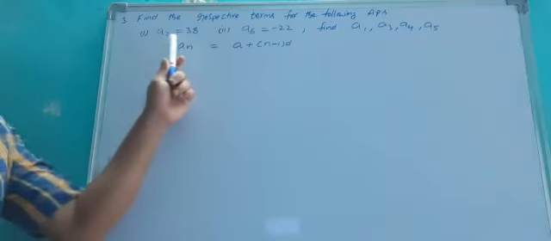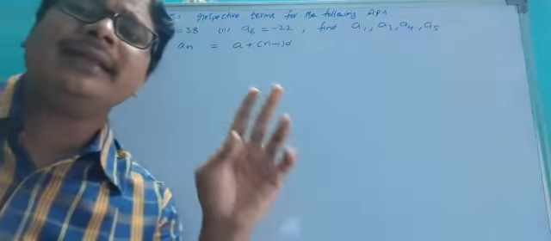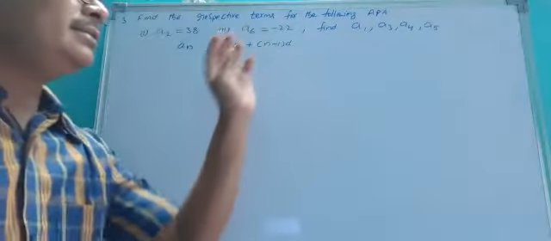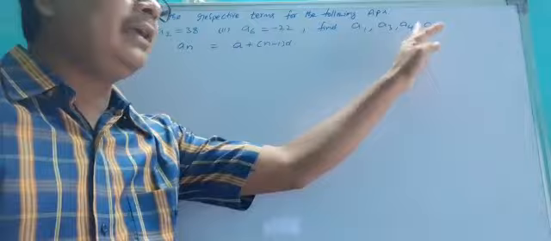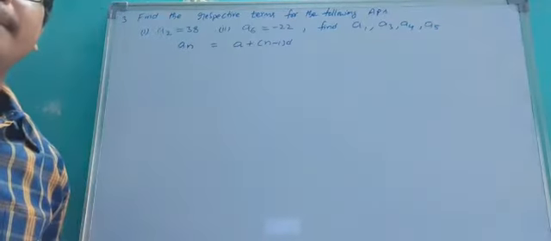Next question: the second term A2 is given, that is 38, and A6 is given, that is minus 22. Find A1, A3, A4 and A5. A3 equals A plus 2D, A4 equals A plus 3D, and A5 equals A plus 4D.